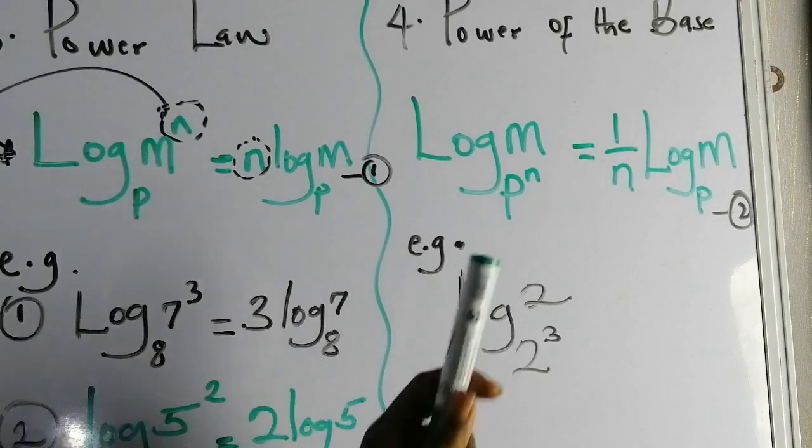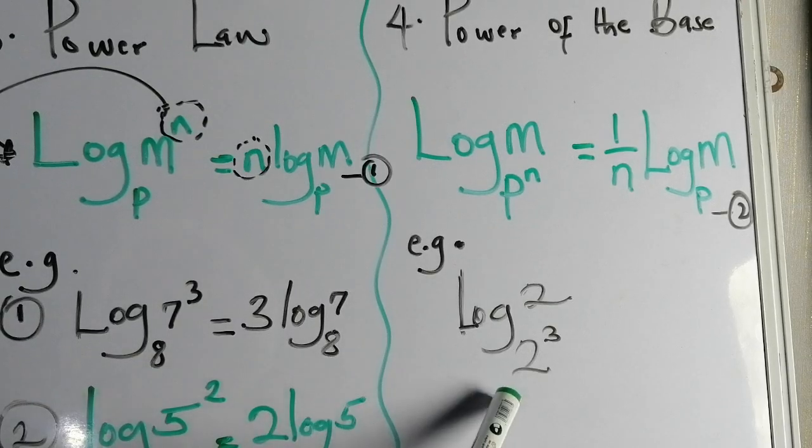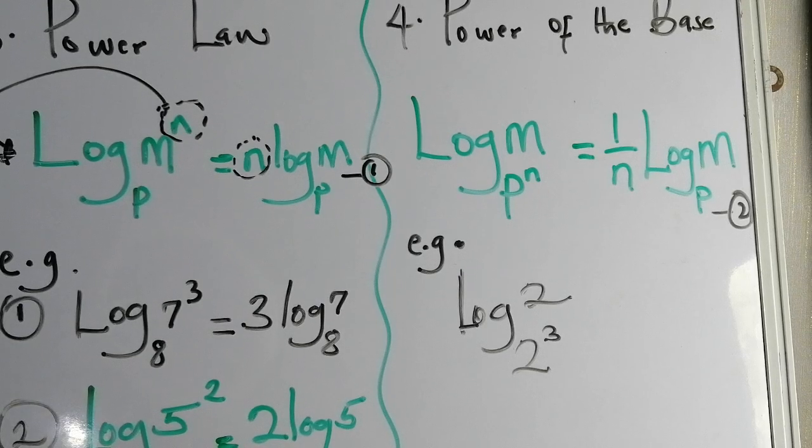That's how you pronounce it: log 2 base 2 raised to power 3. You need to know the pronunciation very well so that at the end of the day you won't miss it. So that's log 2 to base 2 raised to power 3.